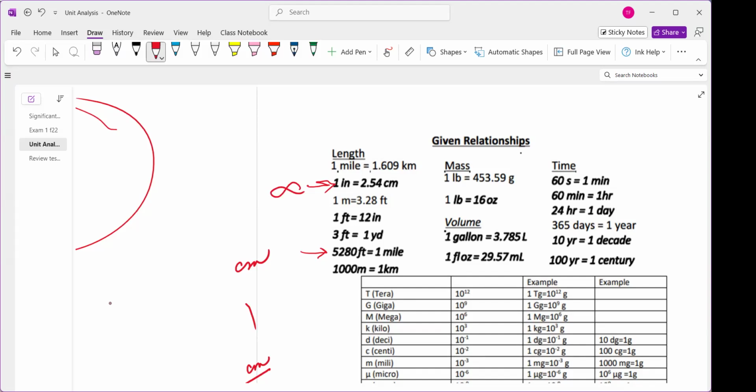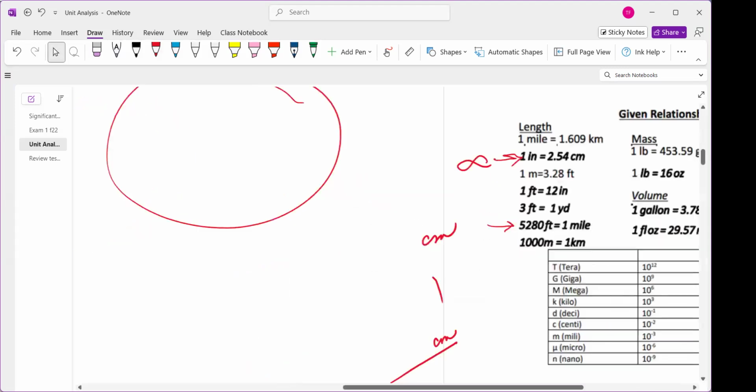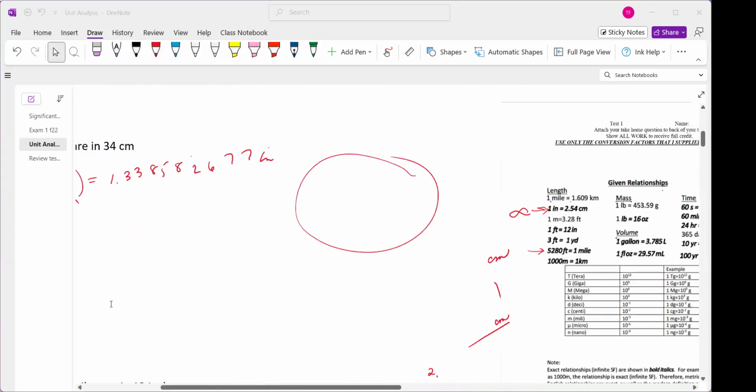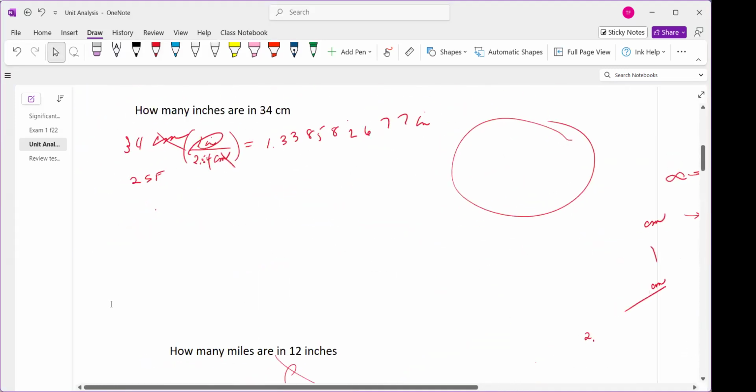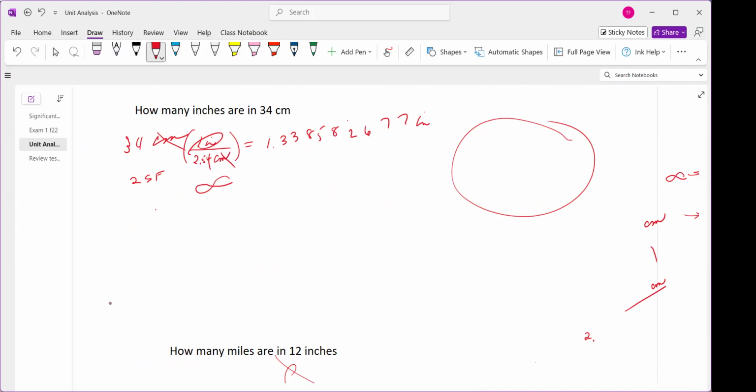That's boldface, so that's infinite sig figs. So this then has infinite sig figs. So what's smaller, 2 or infinite? 2, right. So our answer is going to have 2 sig figs.